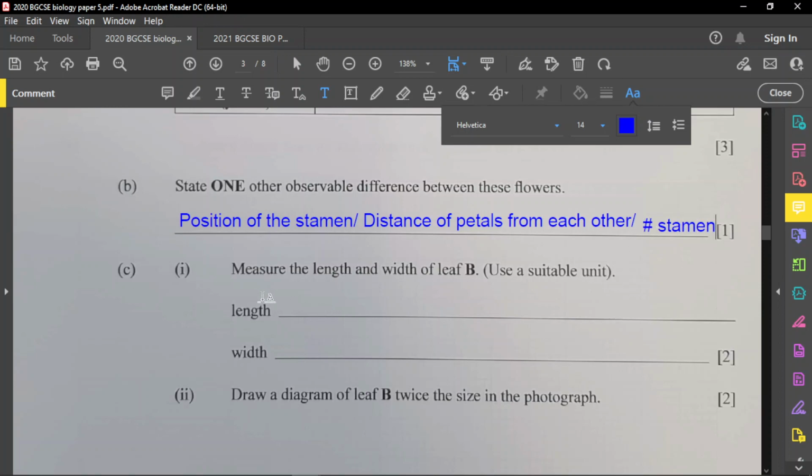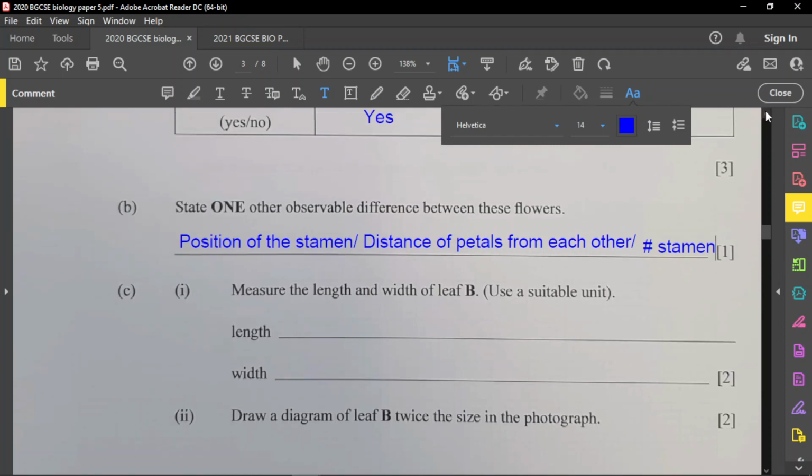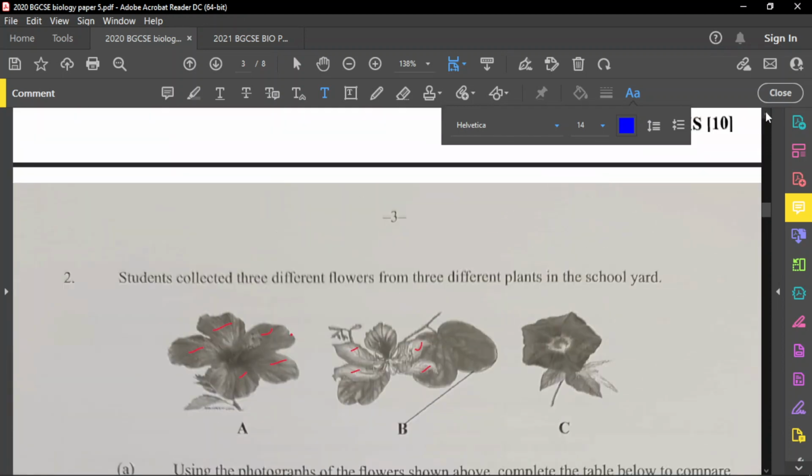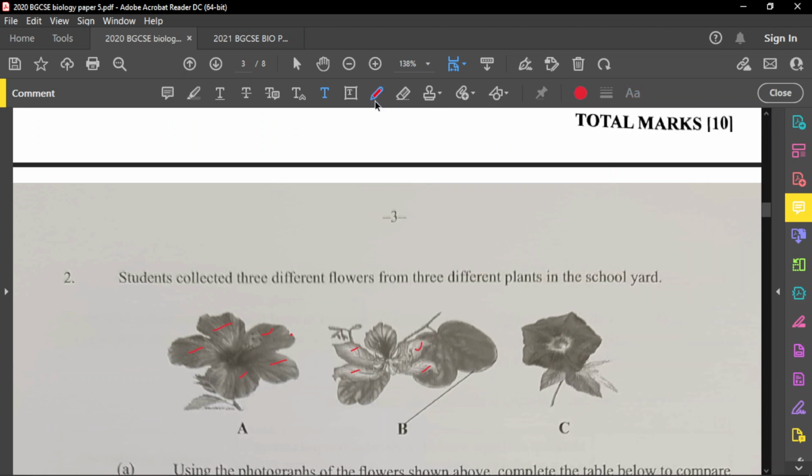Now, part C. And part C1 is to measure the length and width of leaf B, using a suitable unit. I'm going to show you on the diagram what actually was measured, just in case you have something to measure. Let me just show you where the leaf is. So this is the leaf. It's a kind of funny design leaf.